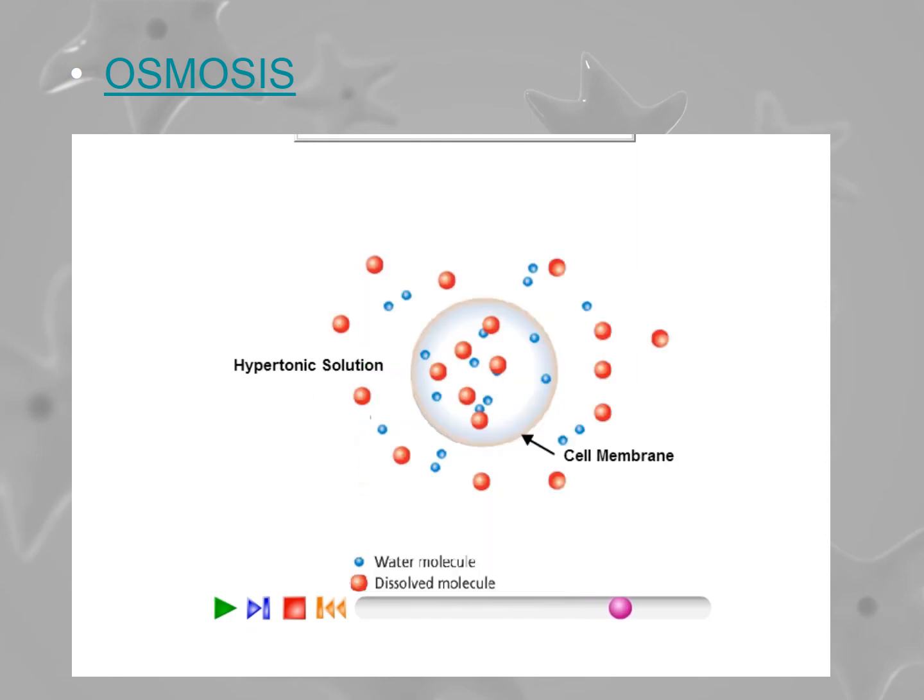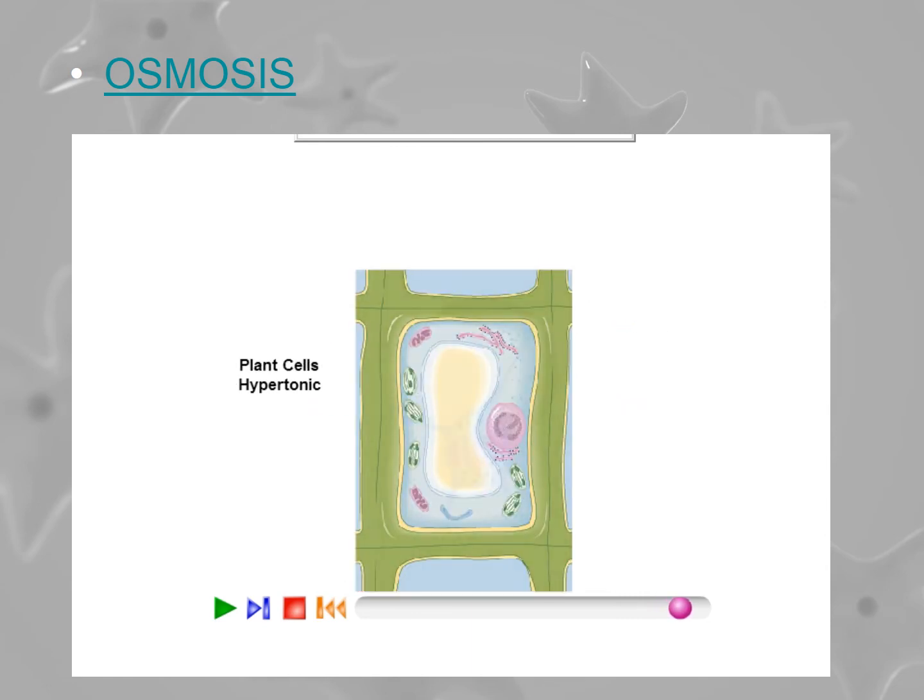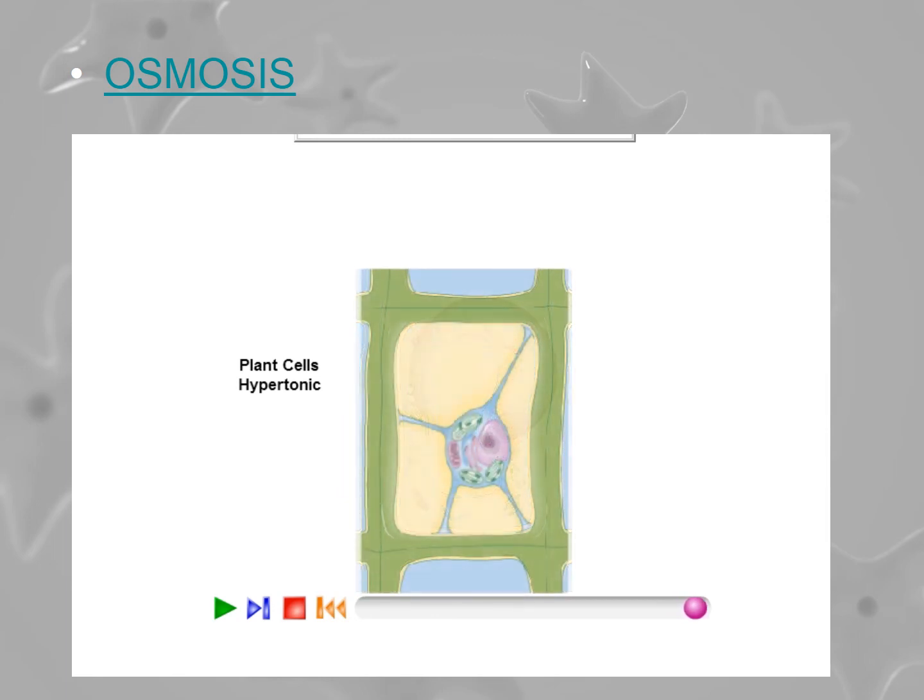In a hypertonic solution, the concentration of dissolved substances is lower inside the cell than outside the cell. Water passes through the cell's plasma membrane and exits the cell, causing the cell to shrink. In plant cells, the cell's plasma membrane shrinks and pulls away from the cell wall.